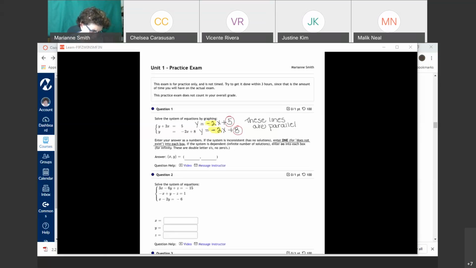If the system is inconsistent, has no solution, that's what you would answer. Likewise, if the two lines had the same slope and the same intercept, then they're the same line, right? So they'd have an infinite number of solutions in common, namely all of the points on each line.